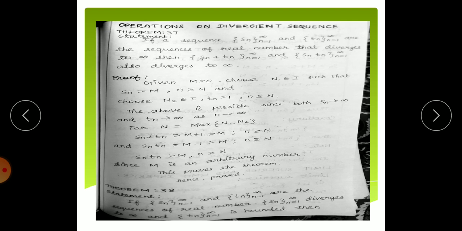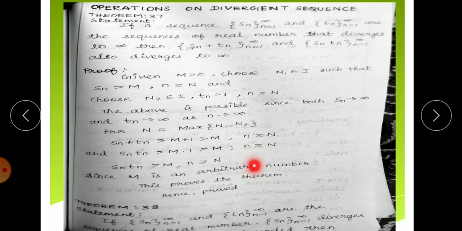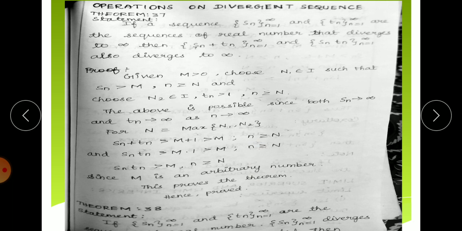Given m greater than 0, choose n1 belonging to I such that Sn is greater than m, where n is greater than or equal to n1, and choose n2 belonging to I such that Tn is greater than 1, where n is greater than or equal to n2. This holds since Sn tends to infinity as n tends to infinity, that is the divergence definition.